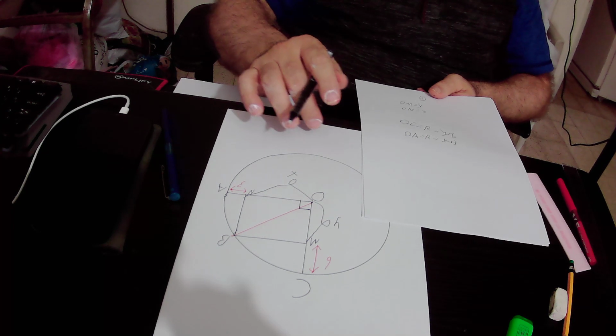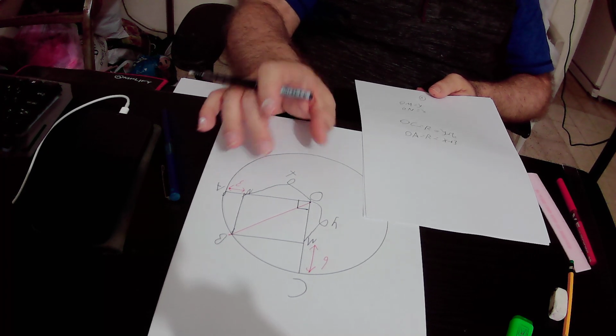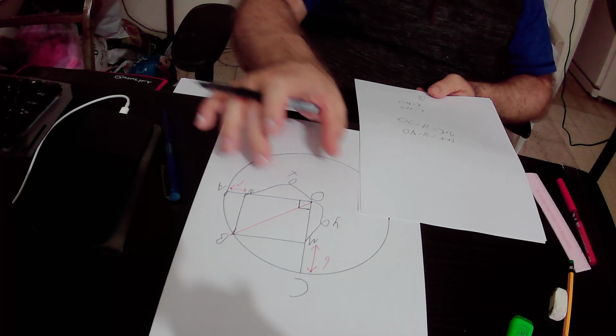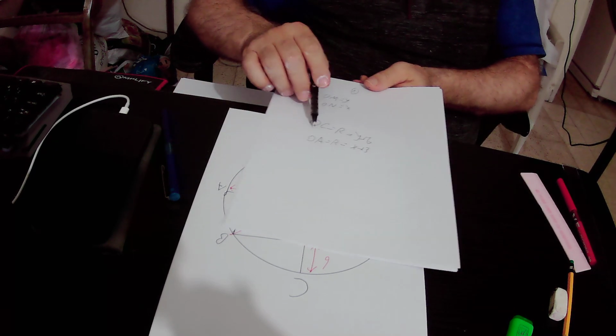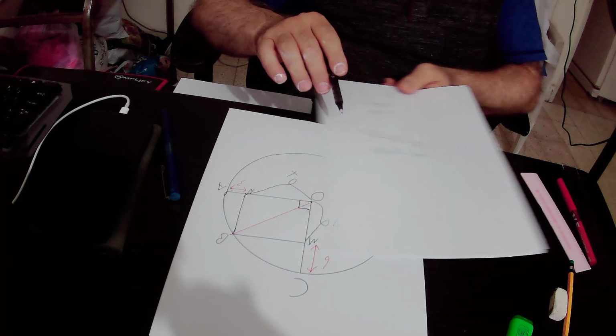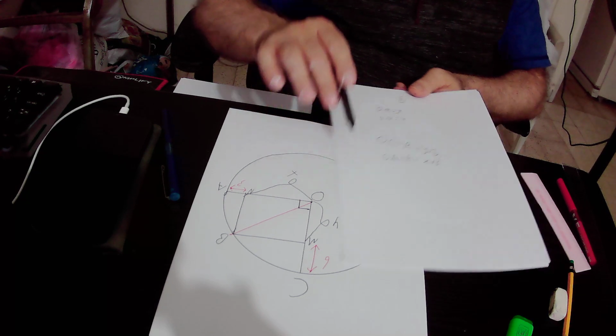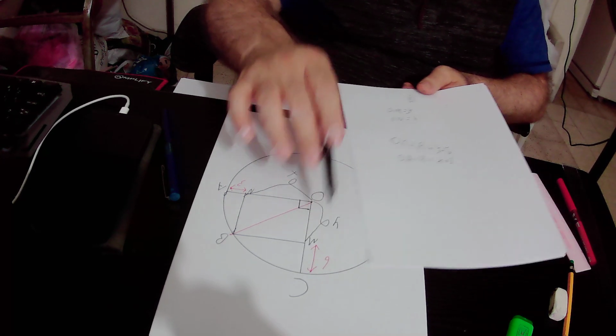So OA is the radius of this circle, and it equals X plus 3. And OC is also the radius of the circle, and it equals Y plus 6.